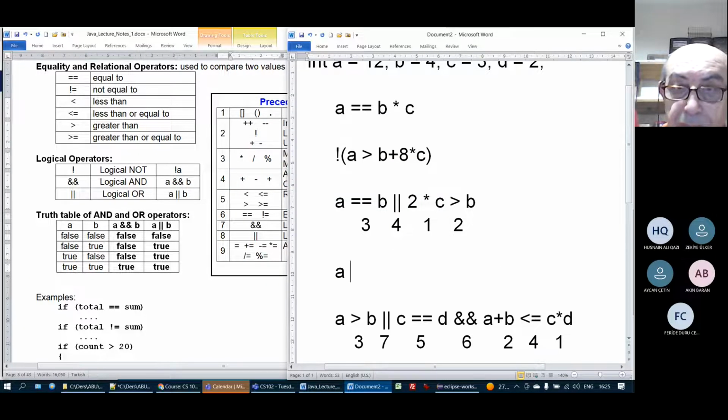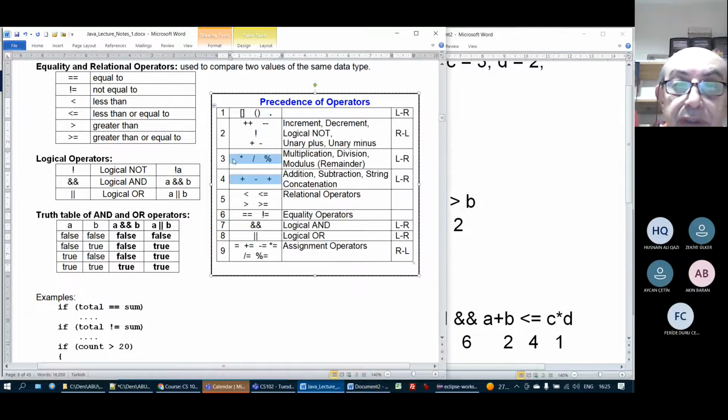I can have A divided by B multiplied by C modulus D, for example. We have all these three: division, multiplication, and modulus have the same priority level. They are all at this level, okay? But if they are together in one expression, they are processed from left to right.